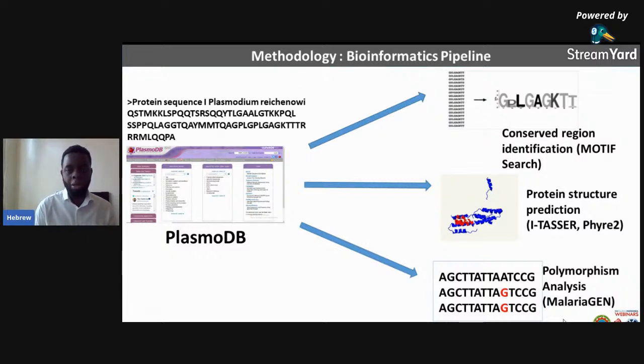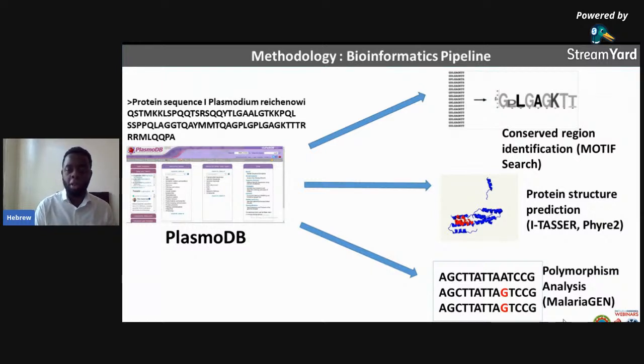So from PlasmoDB, when you have the sequences in line with our objectives, we could assess for conserved regions using a database or software known as Motif Search. The third step is to predict its structure, because after we predict its structure, we can detect the ligand binding sites.